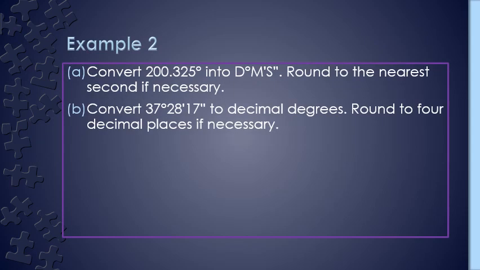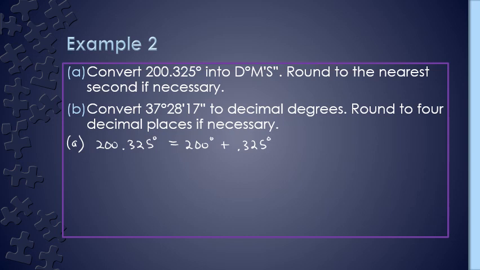We're going to begin by taking a partial degree and converting it into degrees, minutes, seconds, and then we will reverse that process, and we will start with degrees, minutes, seconds and convert it into decimals. All right, so let me start with the first one. 200.325 degrees is equal to 200 degrees plus this partial degree.